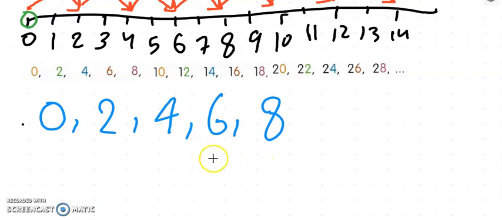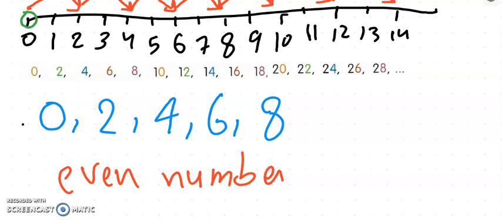You will not see any number in the ones place other than one of these numbers, and these numbers are called even numbers. So what are even numbers? They are 0, 2, 4, 6, and 8.